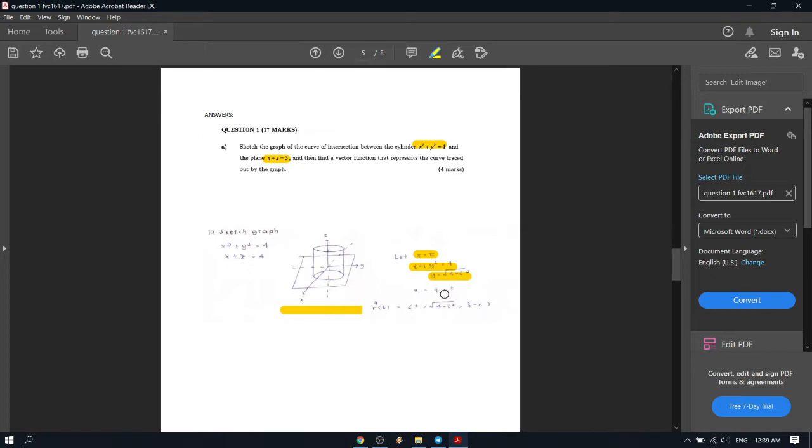And for the z, z is equal to 3 minus t, right? And our vector function will be t, square root of 4 minus t square, and z is 3 minus t.